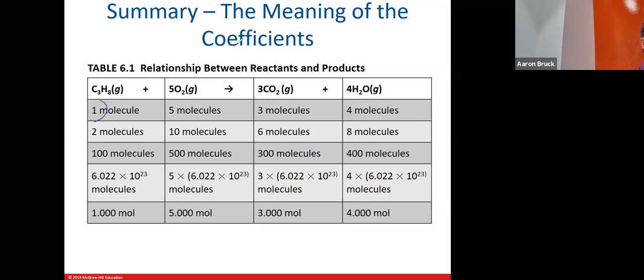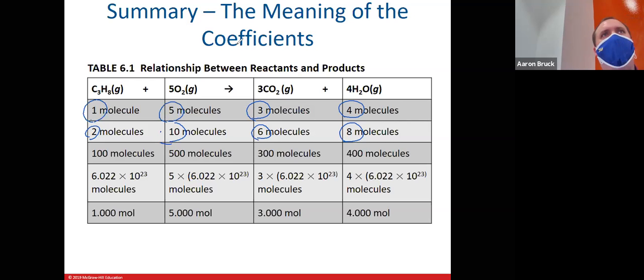So our first look here, we had a 1 to 5 to 3 to 4 ratio. Well, if I double that, let's say I have 2 molecules of propane, everything else is going to double as well. My 1 becomes a 2, my 5 becomes a 10, my 3 becomes a 6, my 4 becomes an 8. If I had 100, I'd multiply everything by 100.